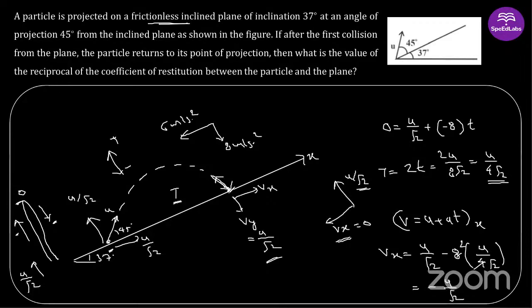So the final velocity is in this direction. So it's hitting like this. It is having this velocity and this velocity. This deceleration is more, so this gets reversed and this gets just in the opposite direction.